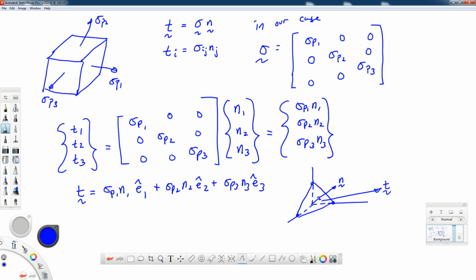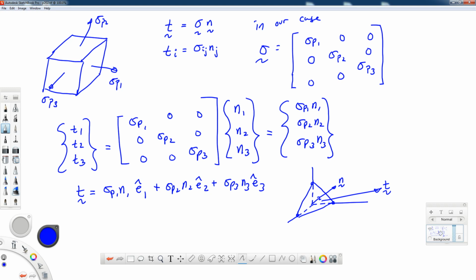Now we want to do a couple things with this, and we've done this already. We found the shear stress and the normal stress on our particular plane, so we're going to do that again. If I wanted the normal stress on the plane, I would take this traction vector t and dot it with our unit vector n, and then multiply it by the direction vector n to get that vector that points off in that direction.